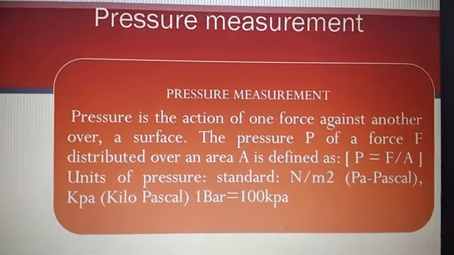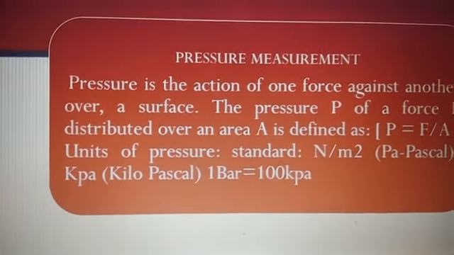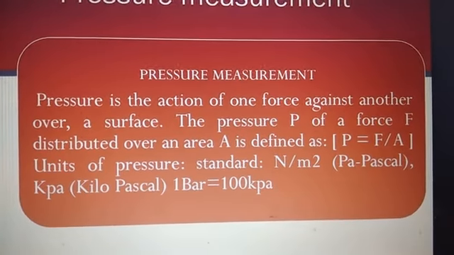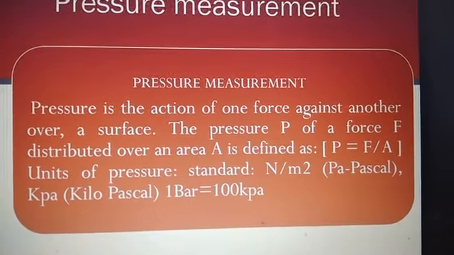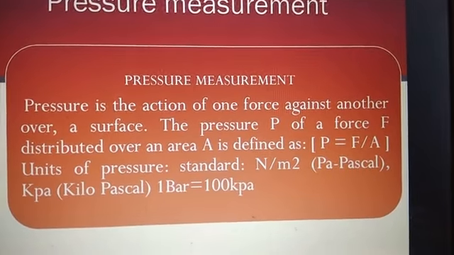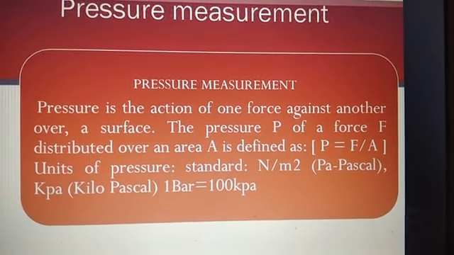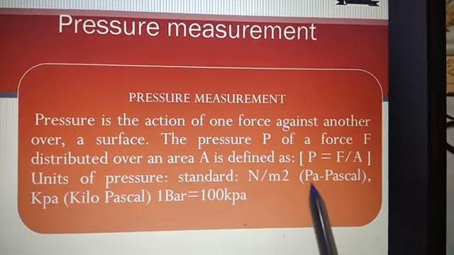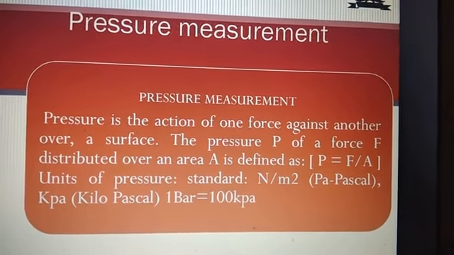Once again, I will remind you about pressure measurement. Pressure is the action of one force against another over a surface. The pressure P of a force F distributed over an area A is defined as P is equal to F by A, where F is the force and A is the area.